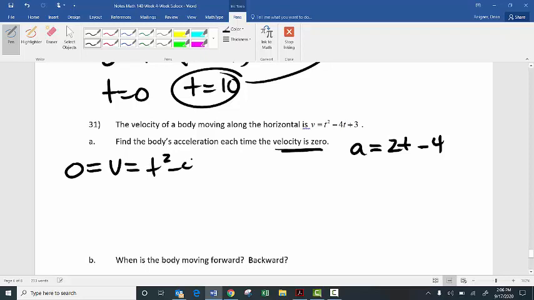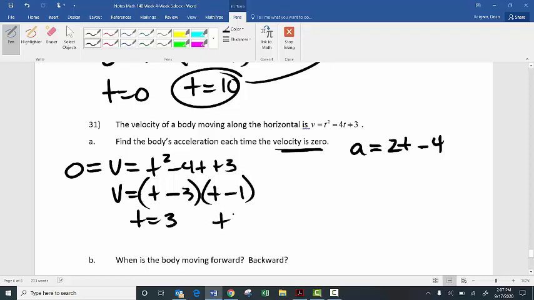t squared minus 4t plus 3. When you get a problem like this on the exam, it will always factor. So at time t equals 3 and time t equals 1, that's when the velocity is going to be 0. Then we want to find the acceleration at each of those times.